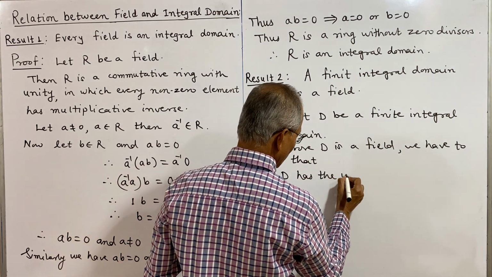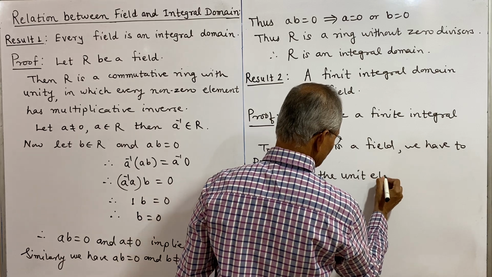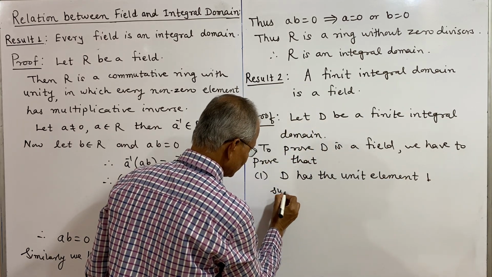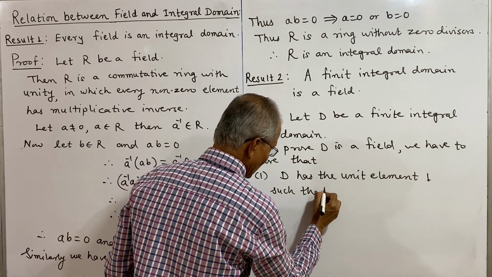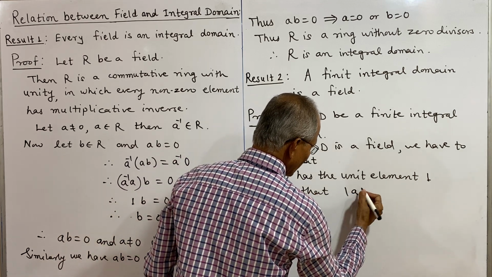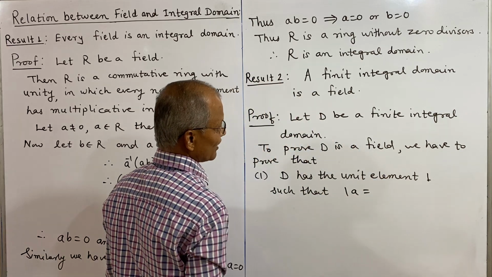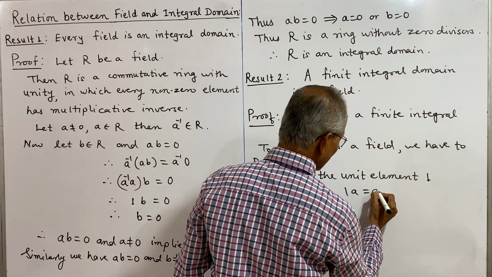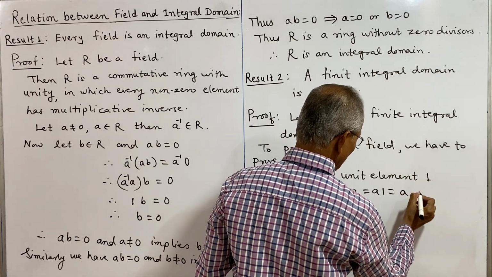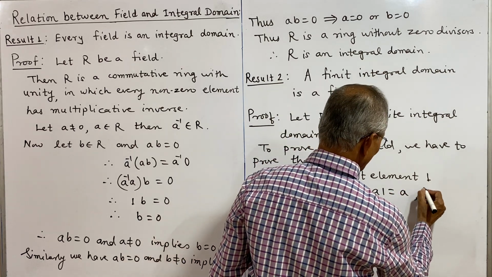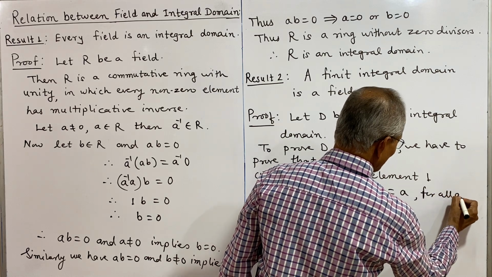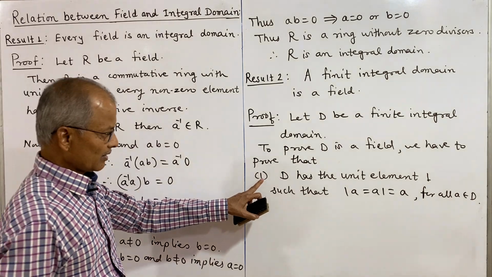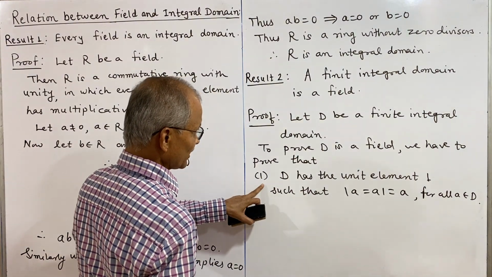D has the unit element 1, such that 1 into A, or that is commutative, see, a finite integral domain is commutative, 1 into A into 1 is equal to A, for all A belongs to D. So this is the first result we shall have to prove for a field.